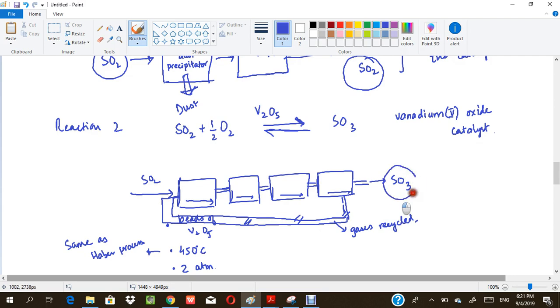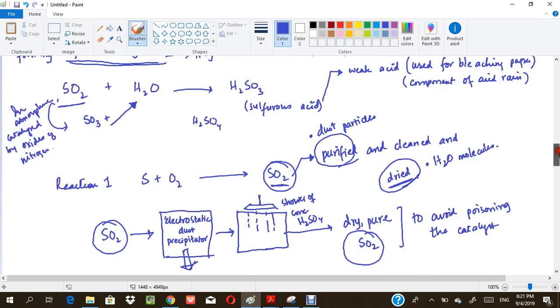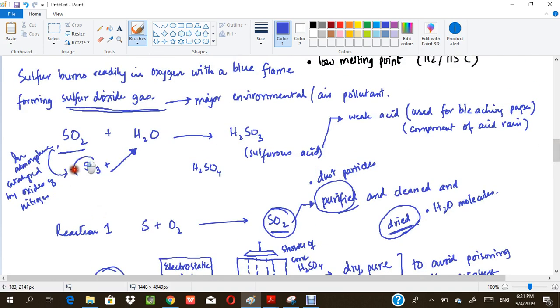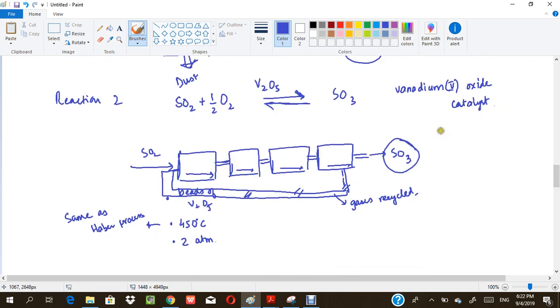So now we have obtained sulfur trioxide. Fine. Now, we saw above that sulfur trioxide, when it combines with water, forms sulfuric acid. This means that sulfur trioxide is an anhydride of sulfuric acid.